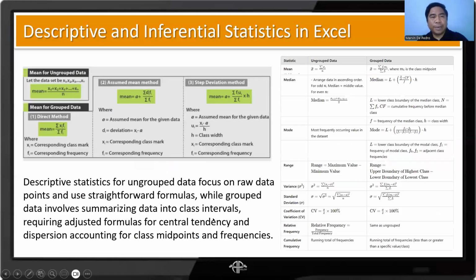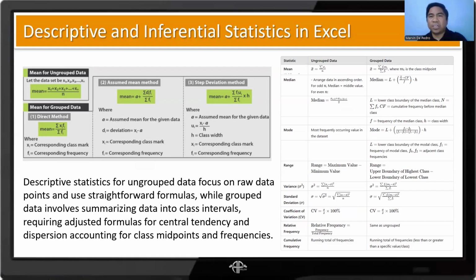Now, note that descriptive statistics for ungrouped data focuses on raw data points and uses straightforward formulas, while grouped data involves summarizing data into class intervals, requiring adjusted formulas for central tendency and dispersion, accounting for class midpoints and frequencies.